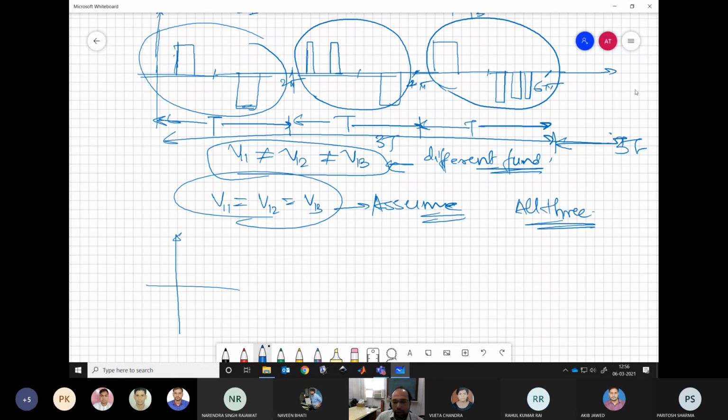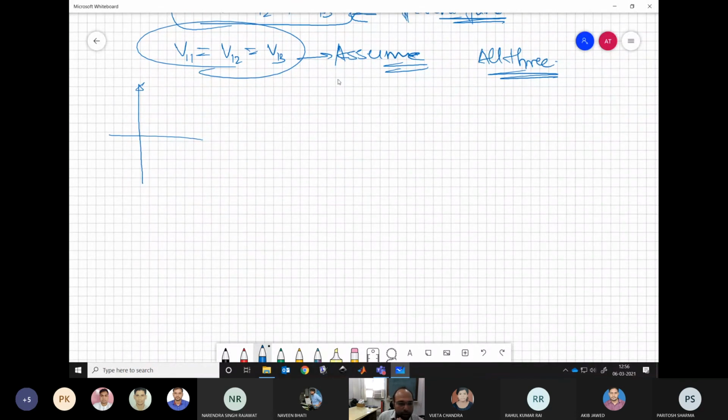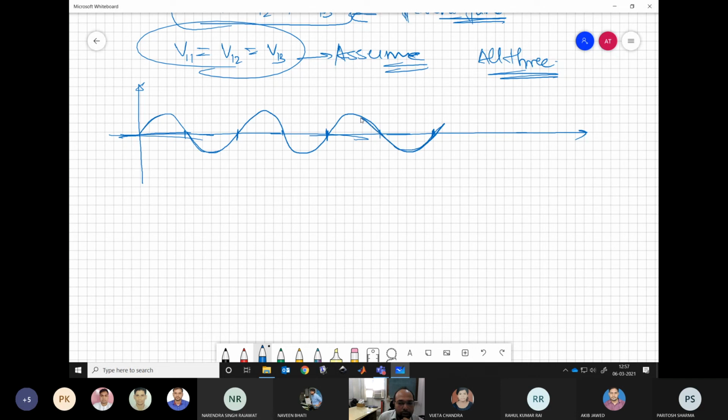If we do the Fourier analysis and then the frequency spectrum plotting, what we will see for this waveform is that there will be some fundamental component, let us say this, assuming that this is uniform and the same fundamental for all the 3 cycles.